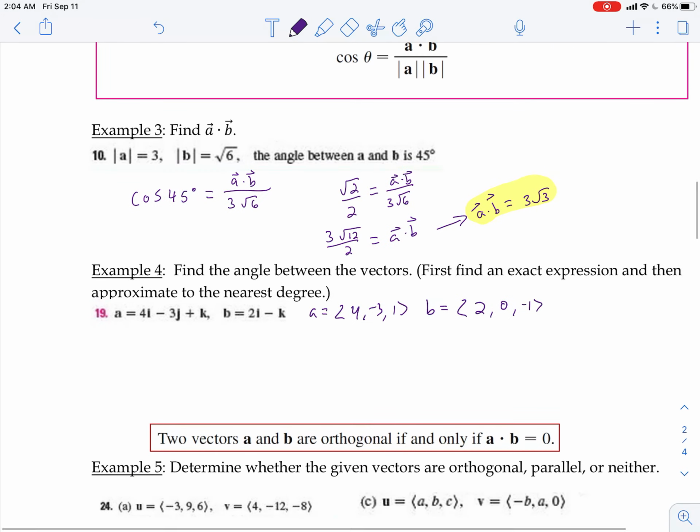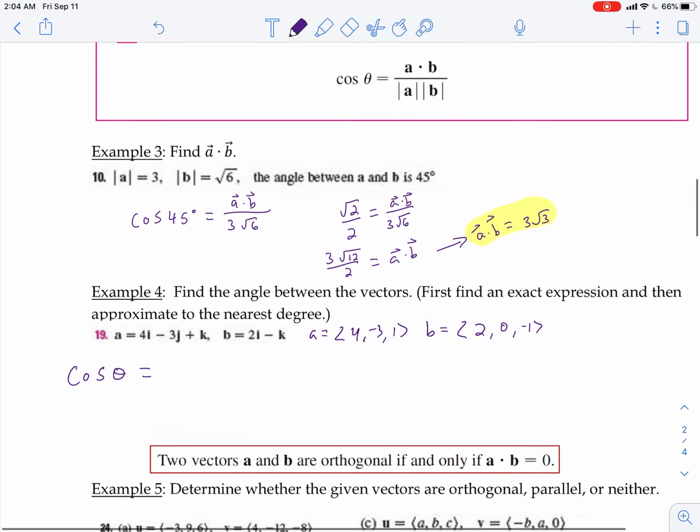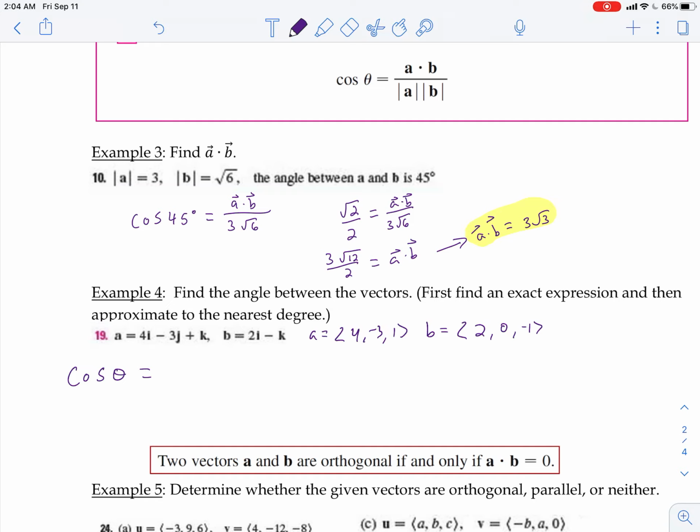So now what we're going to do is just plug in our formula. So we want cosine theta, and we're going to set that equal to the dot product of A and B. So I'm going to do the dot product above.